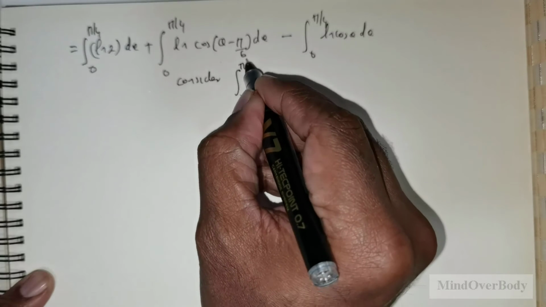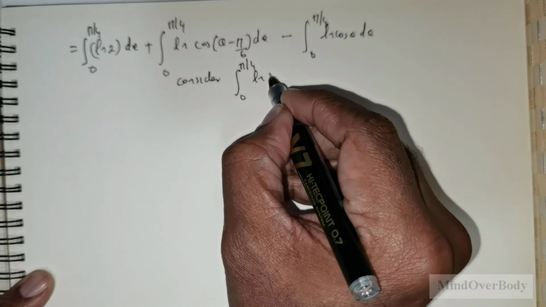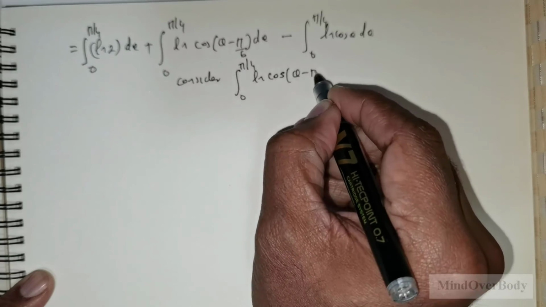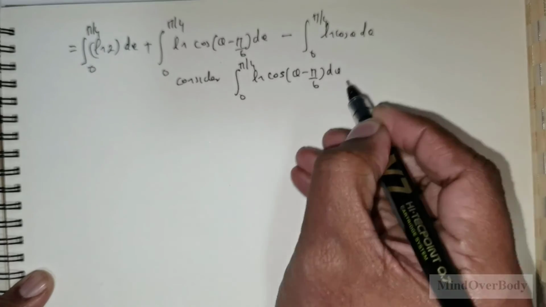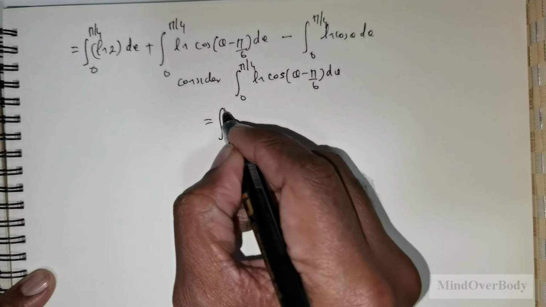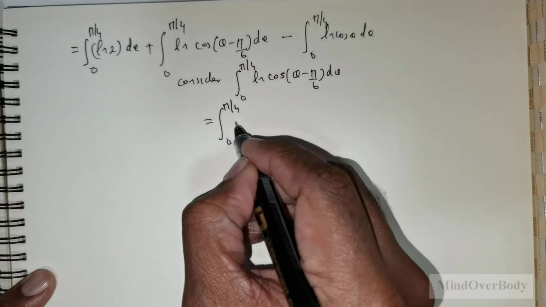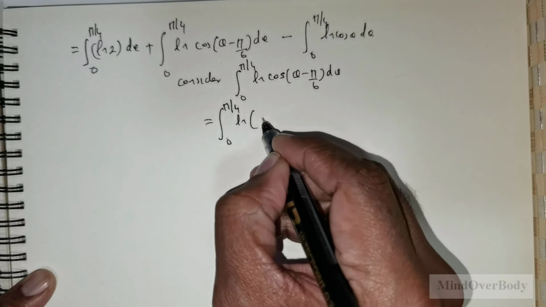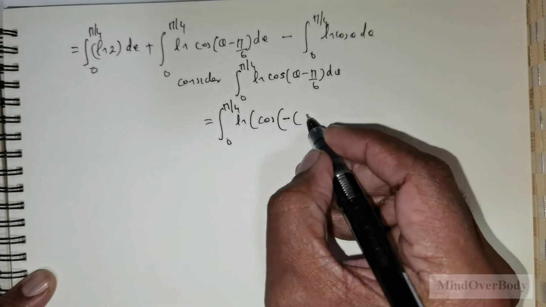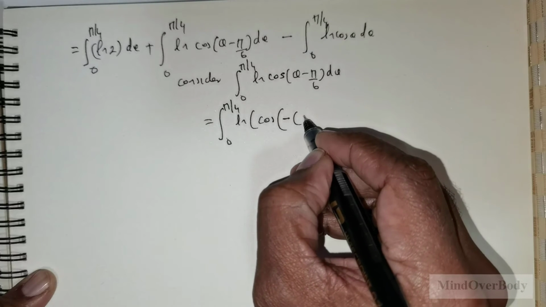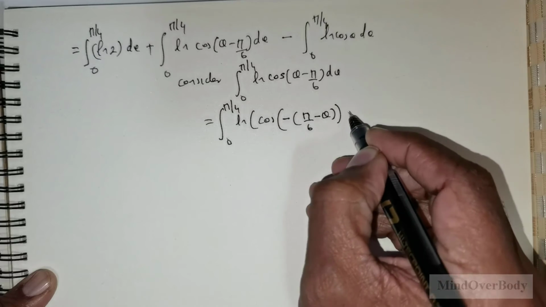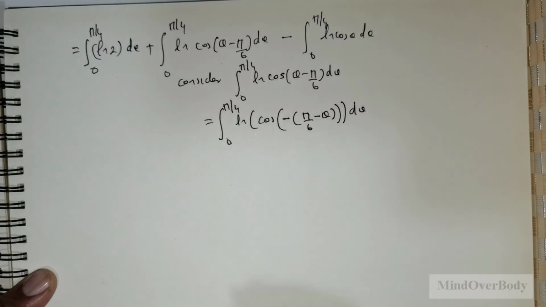What I'm going to do is just consider integral 0 to pi over 4 ln of cos of theta negative pi over 6 times d theta. Now I would take a negative sign out, so this can be rewritten as integral 0 to pi over 4 ln of cos of negative of pi over 6 negative theta times d theta.